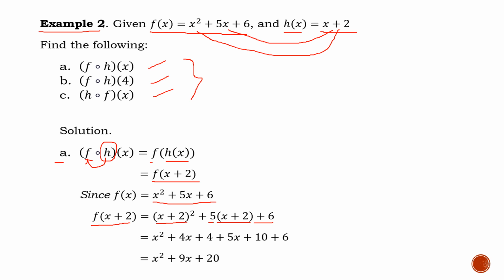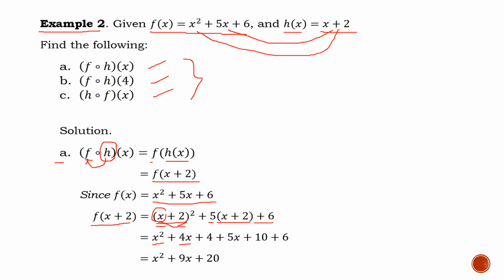So here we apply the concept of special product. So we take the square of your first term, which is your x squared. Then this will be 4x, that will be your second term. So that will be twice the product of your first and second term, which is your x and 2.